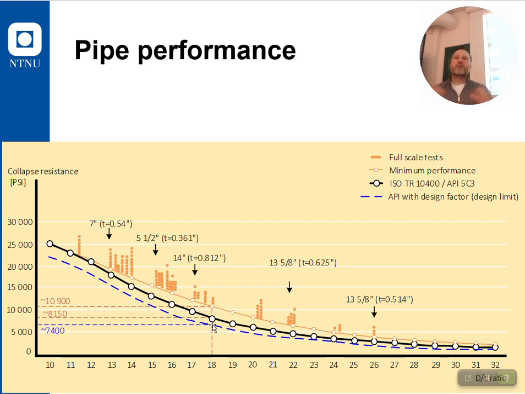Design factor reduces the level that you allow your pipes to be exposed to. You reduce the allowable level. You say that my pipe should not be exposed to more than this. And then you know that this is the limit, that it starts to collapse after this, where in fact that value is actually up here.